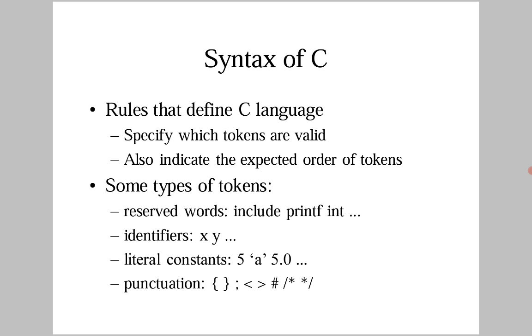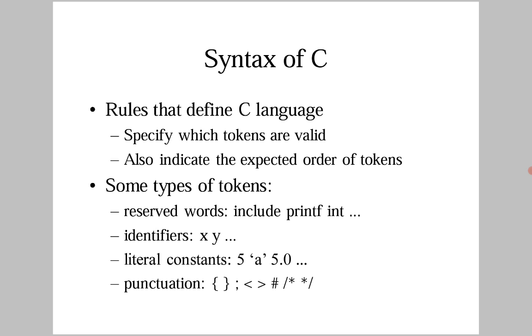What are variables and what are constants? Constants are fixed values. They can't change their value during program execution. There are many types of constants, like numeric constants and string constants.